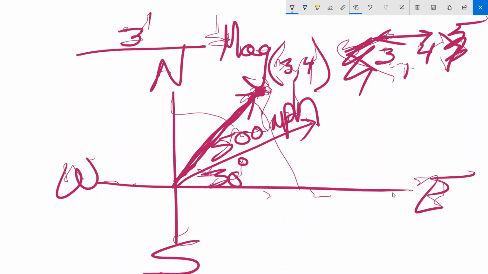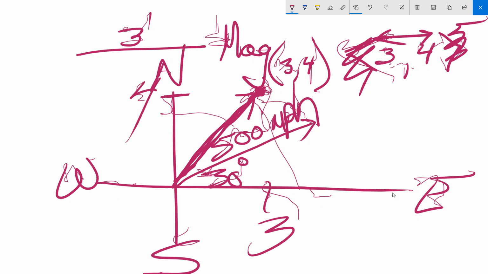Well, what's the magnitude of that vector? It's 5, right? That's a 3, 4, 5 right triangle. So the magnitude is just like the Pythagorean theorem. It's the square root of the sum of the squares of the sides, the sides being 3 and 4 in this case. In other words, this point down here is 3, this point up here is 4.